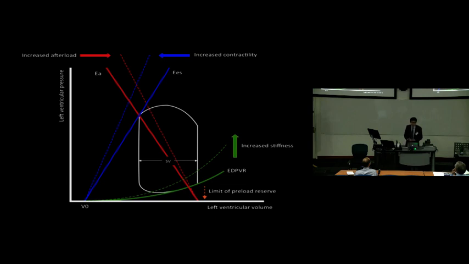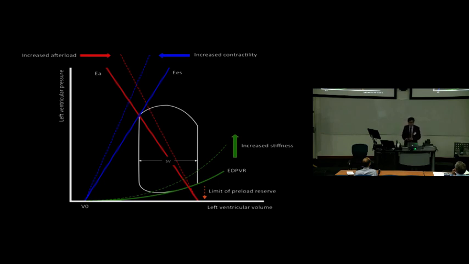It's not a linear relationship, and it's shifted slightly upwards in patients with, broadly classed as diastolic heart failure with stiffness of the heart. And then you have the red line, which is a lumped parameter of afterload. It's generally called arterial elastance. It consists of various measures of afterload. And the steeper this line is, the higher your afterload becomes.